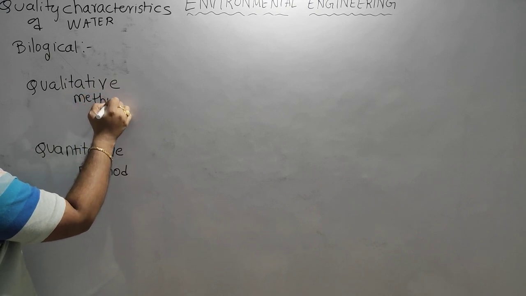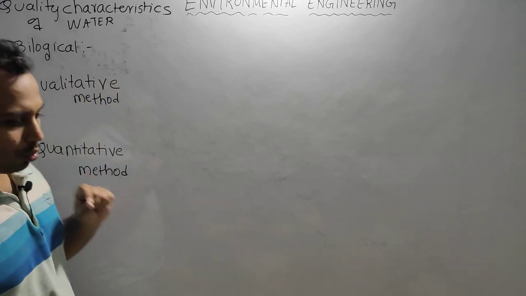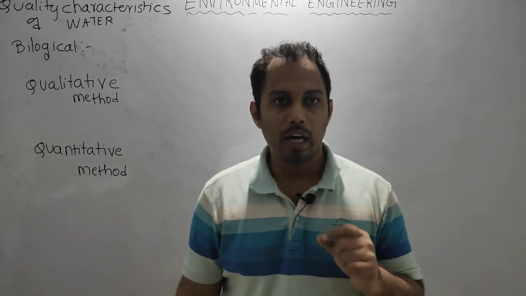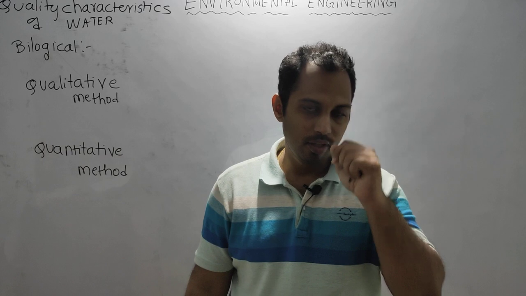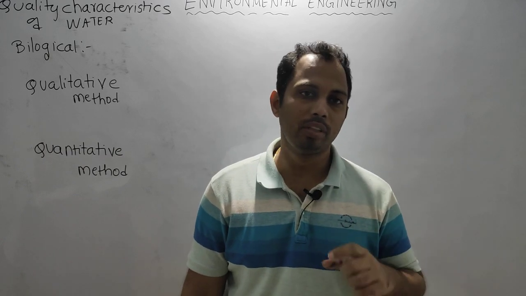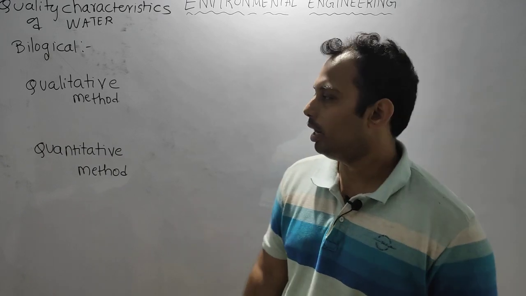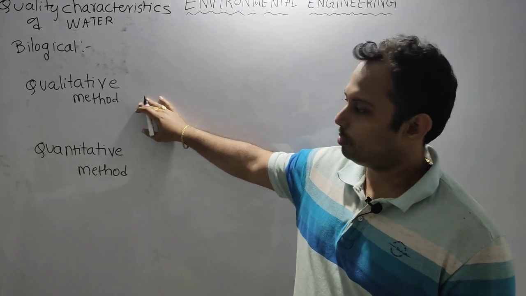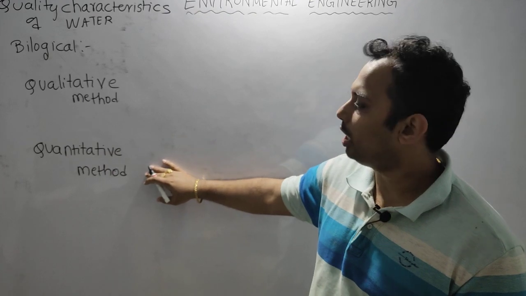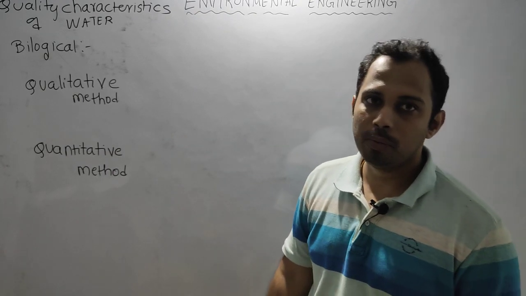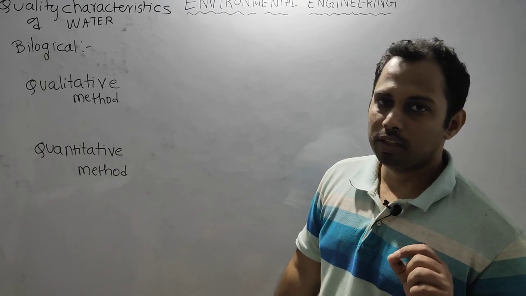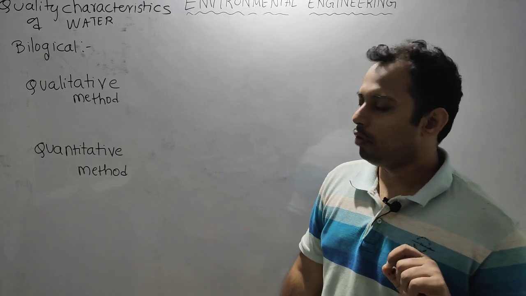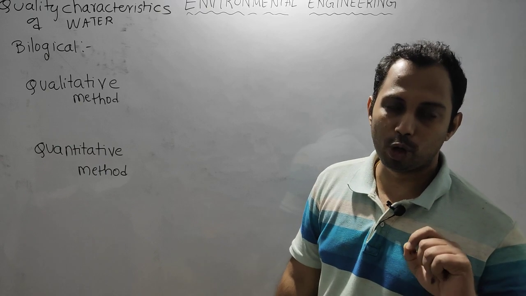The term itself says, qualitative means it only finds whether the bacteria or microorganisms are present or not. It cannot estimate the concentration of it. Whereas in quantitative, there is a defined procedure by which we can estimate the concentration of the microorganism also.